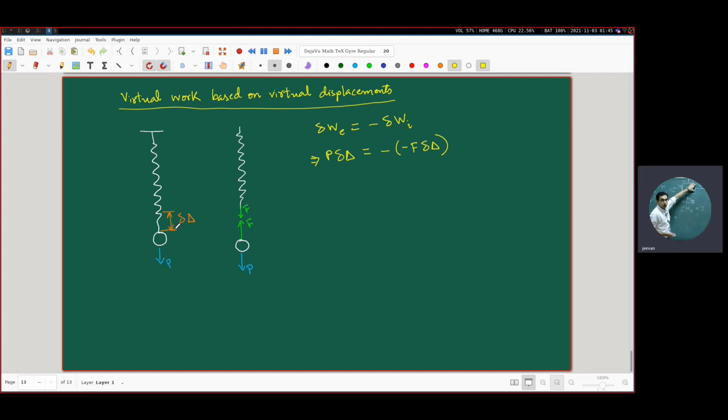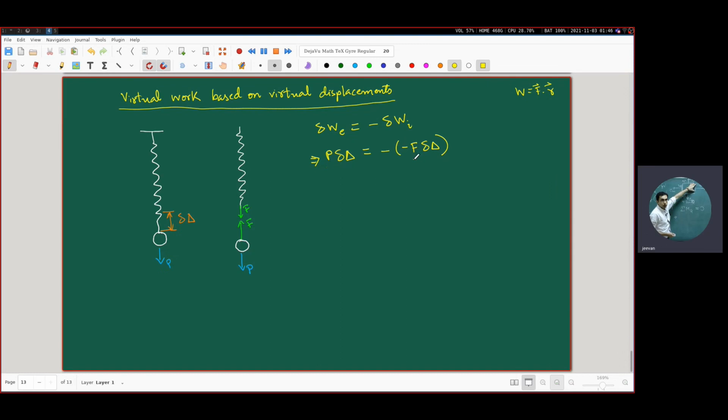Because it is imposed in this downward sense, this P and this del delta, so if you want to think of it like that, work done is like F dot R, it's actually a dot product, then because they are in the same direction, the external work has a positive sign in front of it.